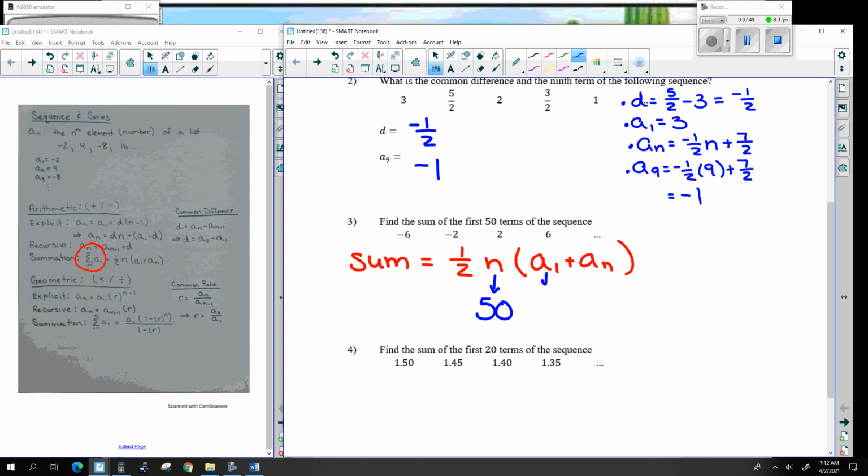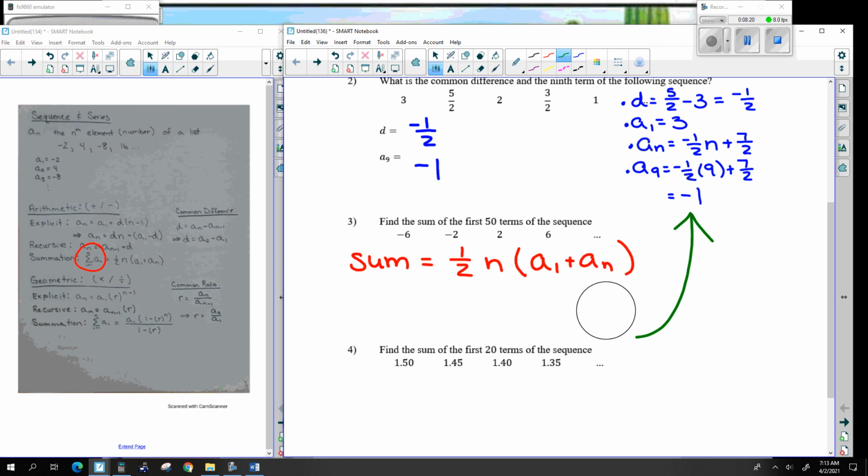A1 is the very first number, which is negative 6. AN, or A50, is the 50th number, and right now we don't know what that is. But if we do the process we've been doing, we first have to figure out that last number, and then we can add them up. This is the formula for our summation.